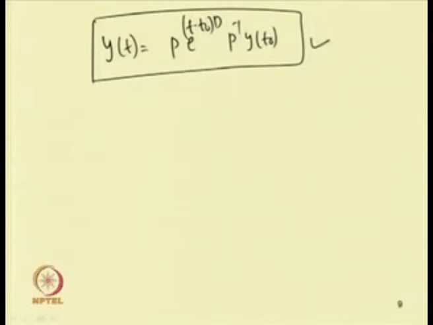The advantage of this equation is that D is a diagonal matrix, so e to the power t minus t 0 D is a diagonal matrix with entries e to the power t minus t 0 lambda i. Hence, the eigenvalues of A are also called the characteristic exponents associated with the system. In this way we can find the solution y t.